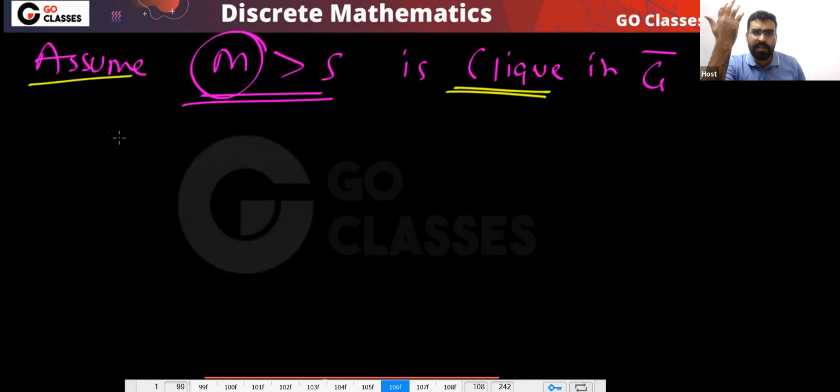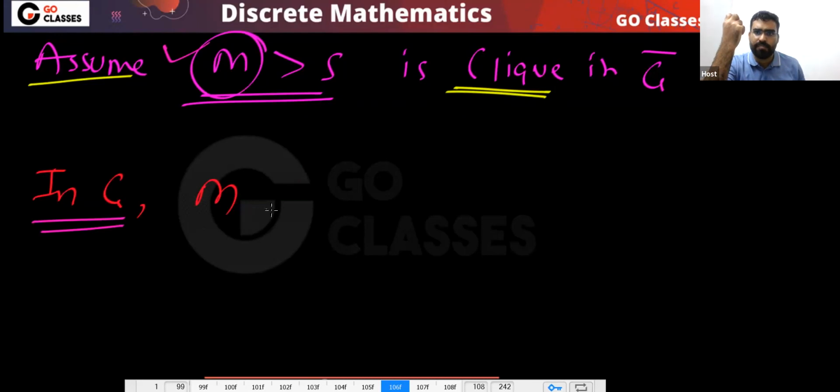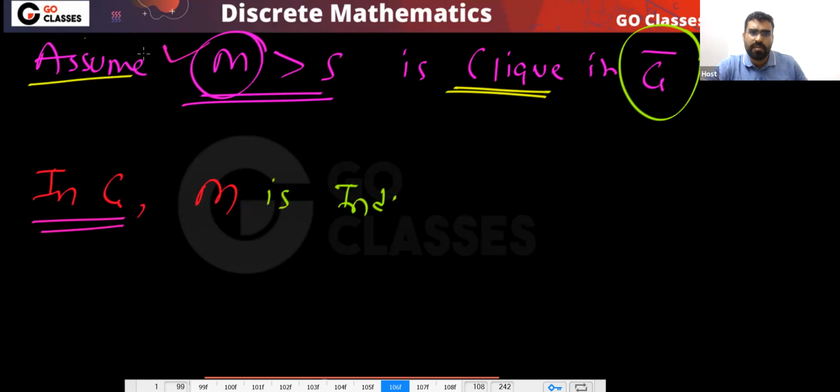Now tell me what will happen in G. In G complement, M is a clique. Then in G, what will be M? M is an independent set.